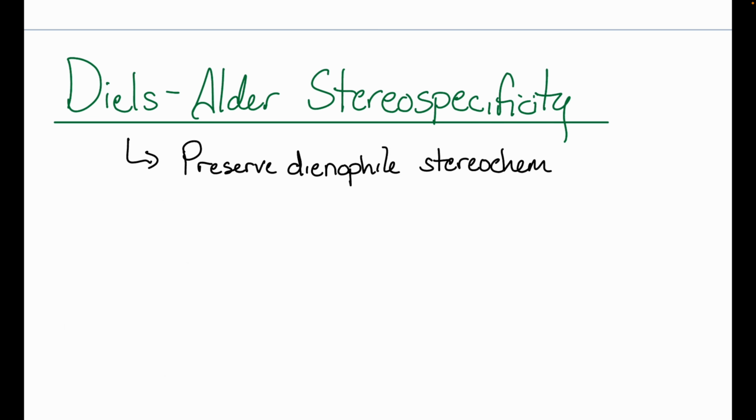Preserves dienophile stereochem. So what do I mean by that? If we take, let's just take our simple diene, our 1,3-butadiene in its s-cis conformation. But now we're going to have a dienophile that has a specific stereochemistry.